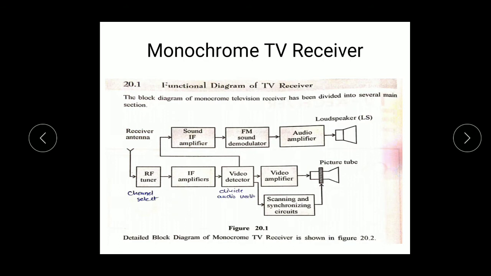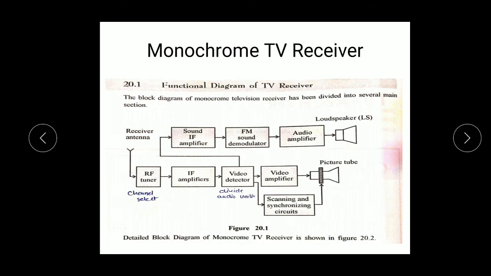The IF audio signal is demodulated by the FM demodulator, which demodulates the audio signal and sends it to the audio amplifier and finally to the loudspeaker. The synchronous signal is used for deflecting the video beam vertically and horizontally.